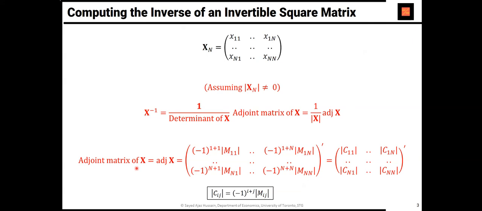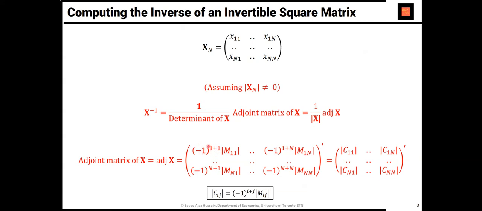At first glance, you're probably going to panic because it's a lot of symbols coming at you. But there's a certain method to this madness. Remember, the first element is 1,1, next will be 1,2, 1,3, 1,n, and so forth. If you remember the previous lecture's discussion, when you did the Laplace expansion by some row, you would have to figure out whether you start with a plus or a minus.